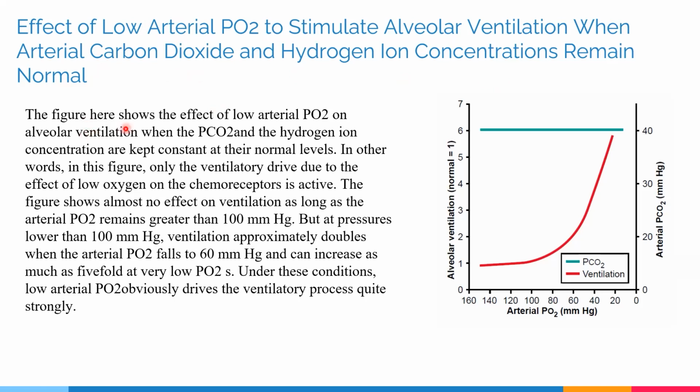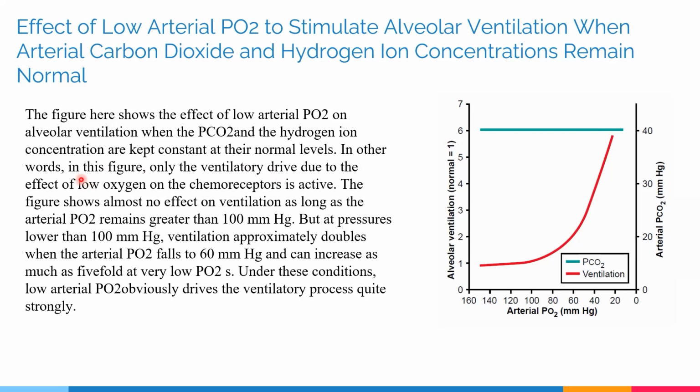The figure shown here shows the effect of low arterial partial pressure of oxygen on alveolar ventilation when the partial pressure of carbon dioxide and hydrogen ion concentrations are kept constant at normal levels. So in this plot, we are keeping the partial pressure of carbon dioxide constant and only changing the partial pressure of oxygen.